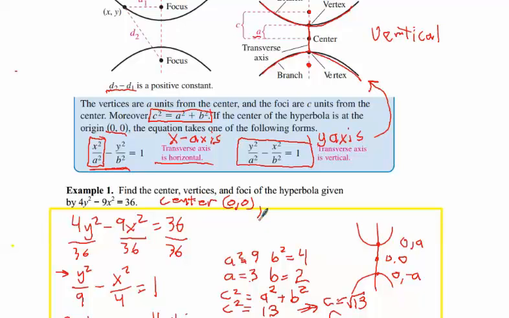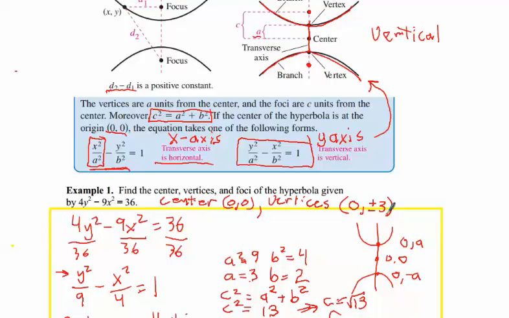And then the vertices. We already said that the transverse axis is vertical, so the vertices are the distance a above and below the center. So we're going to write 0, comma, plus or minus a, and a equals 3.